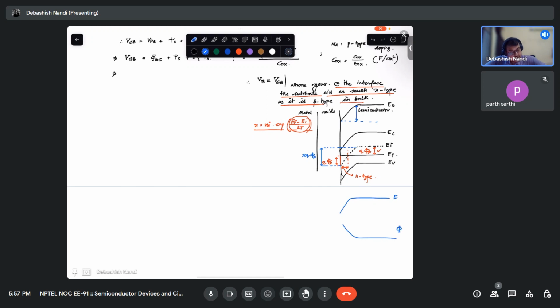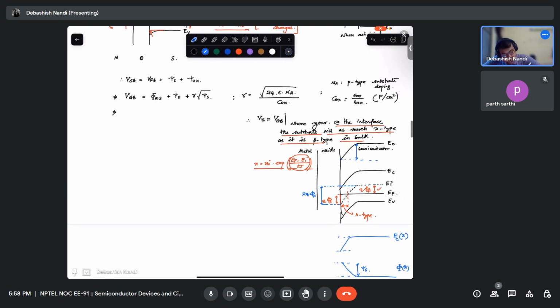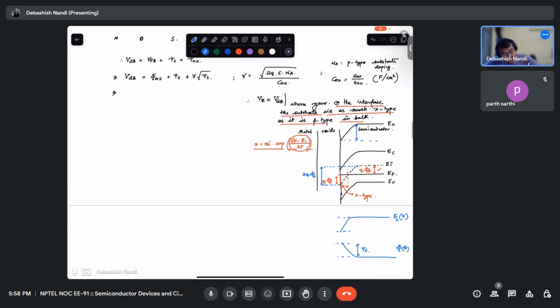This is my phi profile. The drop across the semiconductor, which I am calling psi s, will be this drop divided by q. So what will be my psi s at threshold voltage condition? Psi s is equal to 2 phi f when VGB is equal to VTH.